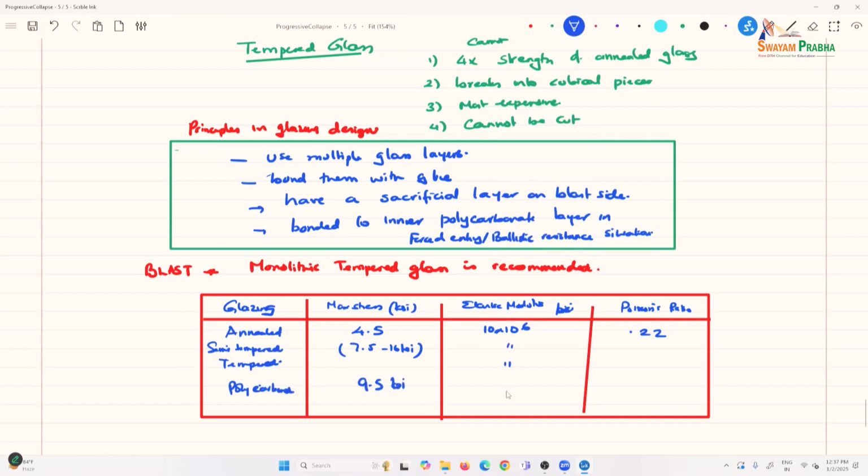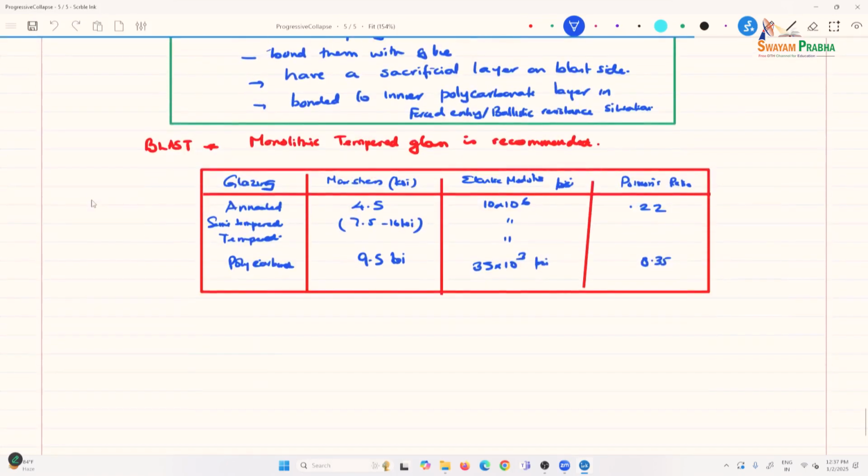These all have a similar elastic modulus. Polycarbonate is lower.